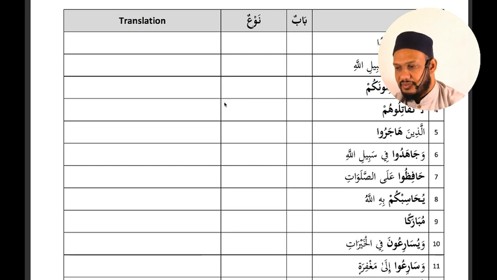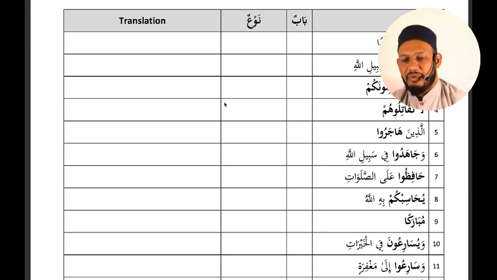So number 7. وَحَافِظُوا عَلَى الصَّلَوَاتِ. I see we have a few maadis there, but remember, حَافِظُوا is going to be an amr. Remember, the maadi is fa'ala, and the mudari and the amr is fa'il.